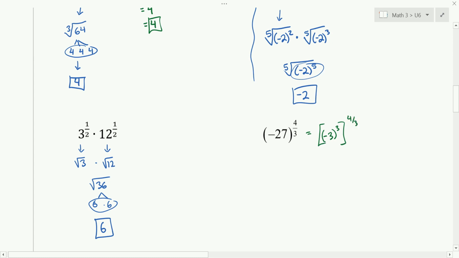Now we changed our base from negative 27 to negative 3, and we have two exponents that belong to that one base. In this case, what do we do with those exponents? Do we add them or multiply them? Multiply them. So what is 4/3 times 3? When you multiply it, you get 12 over 3, which is 4.